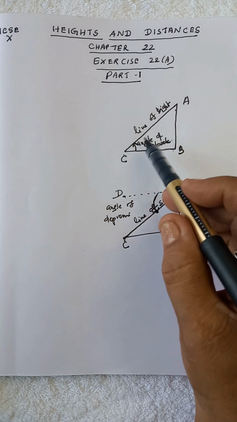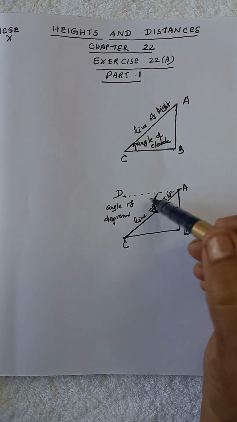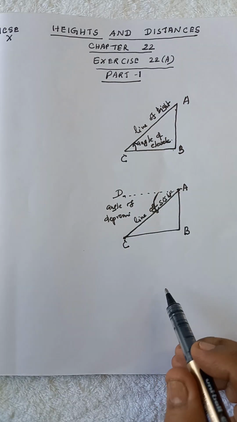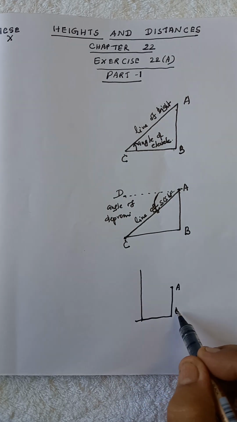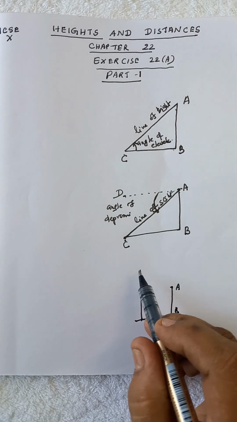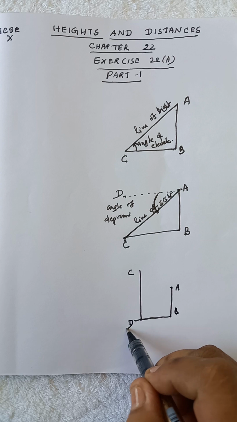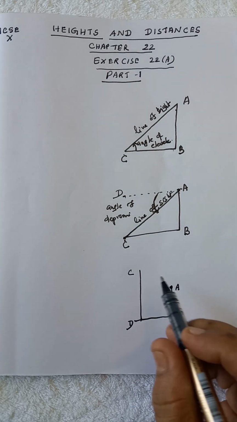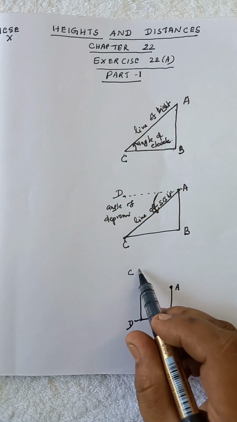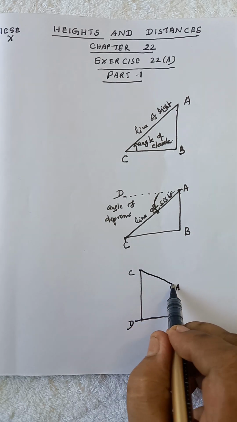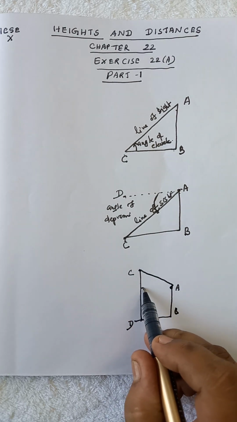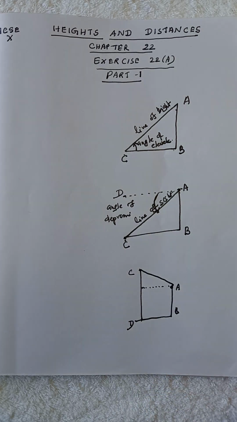Actually, the angle of elevation and the angle of depression are both equal. Now if you consider two towers on the ground, say AB is the first tower and CD is the second tower, then a man at the point A is viewing the top of the tower C. Then this is the line of sight. Then we can draw this horizontal.